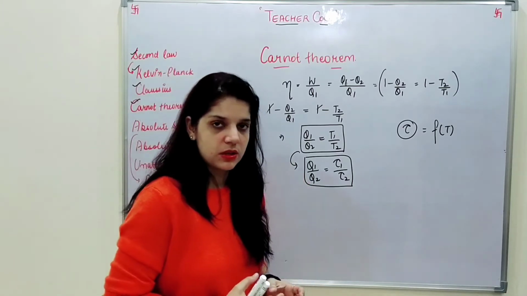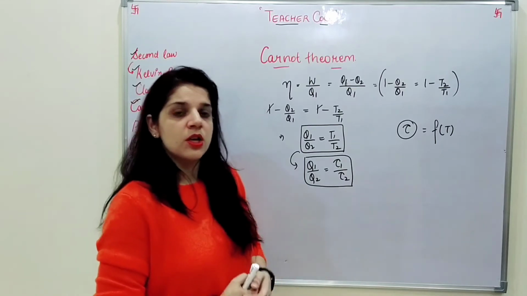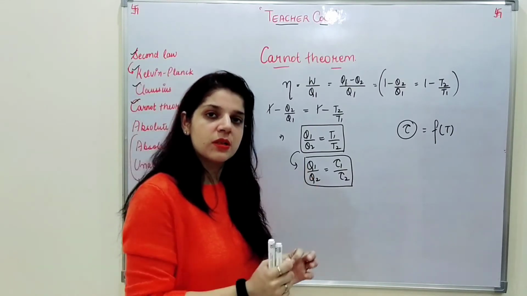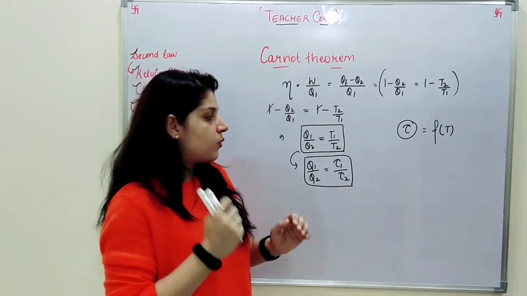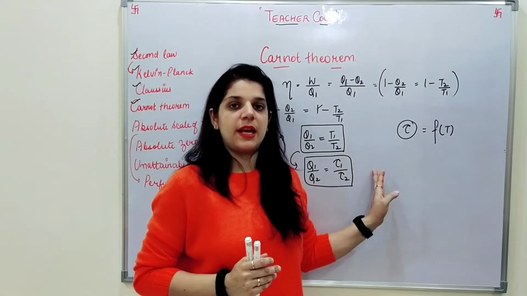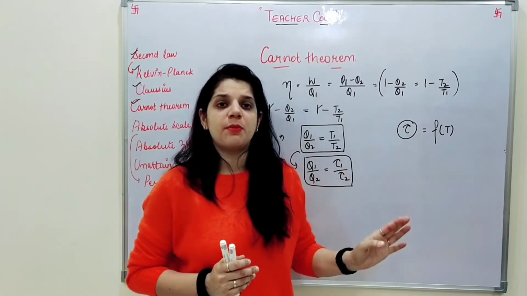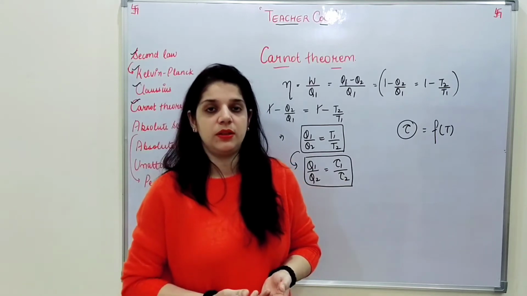Suppose I am working on something and I have concluded some results. To put those results in a standard language, I will convert all my temperatures to this temperature scale, and these temperatures will remain the same for people worldwide to consider.